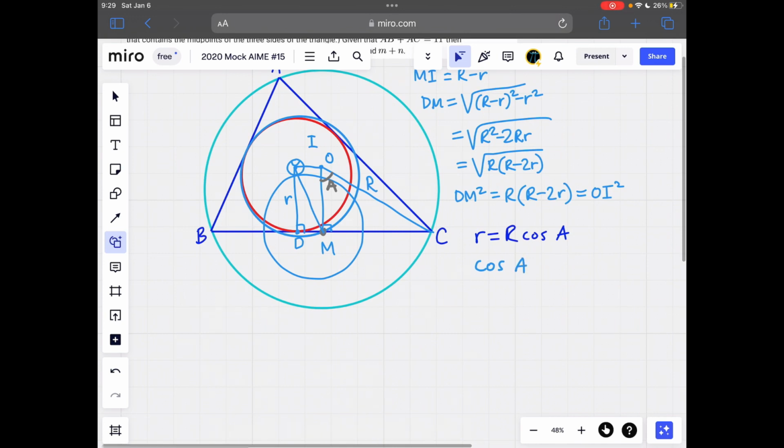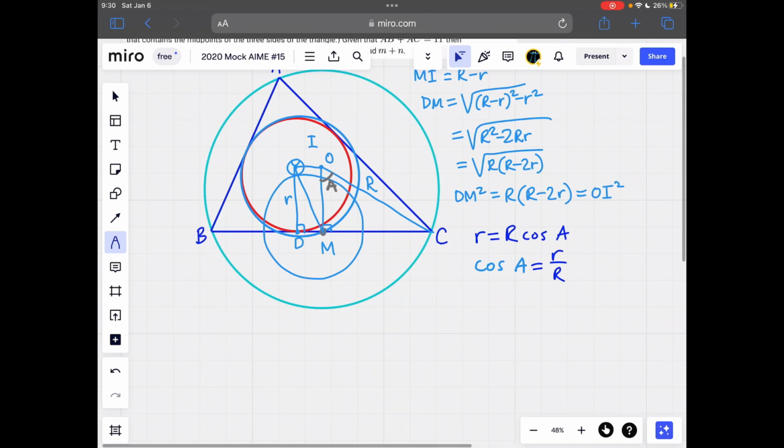So what's cosine A equal to? That's equal to little r over big R. But this little r over big R, that should remind you of the Carnot theorem, which we used at the end of 2016 USAMO problem 5. It's a previous video on my YouTube channel. You should go check it out.